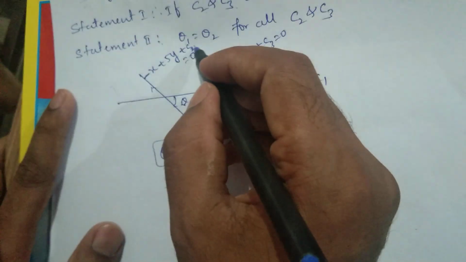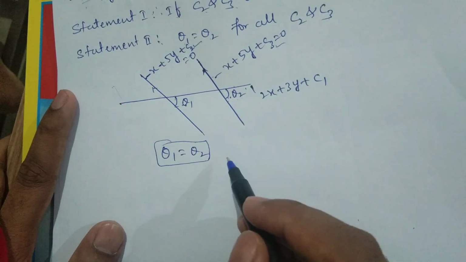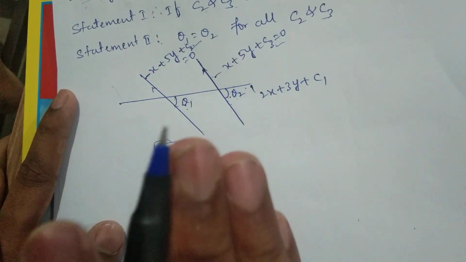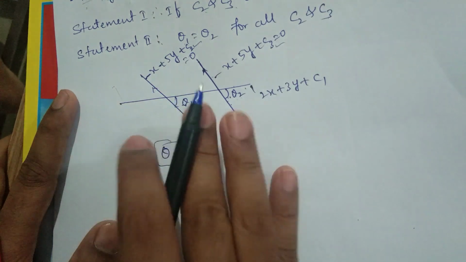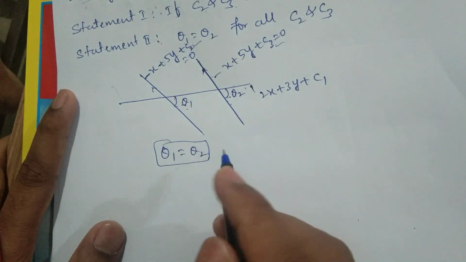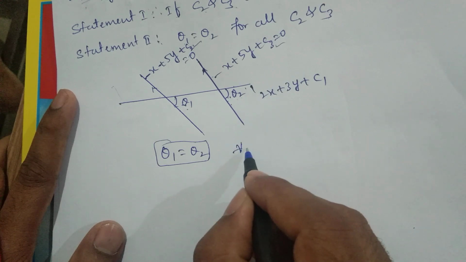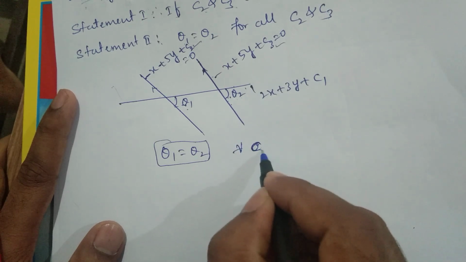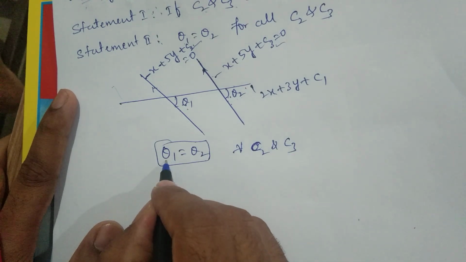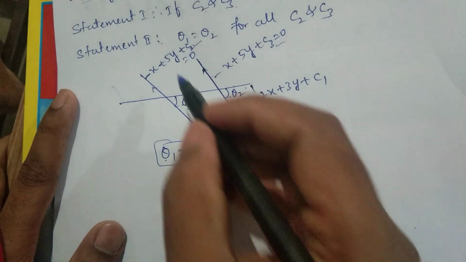For all values of c2 and c3, theta 1 is equal to theta 2. Understand the concept. Only by the figure I am trying to make you understand.